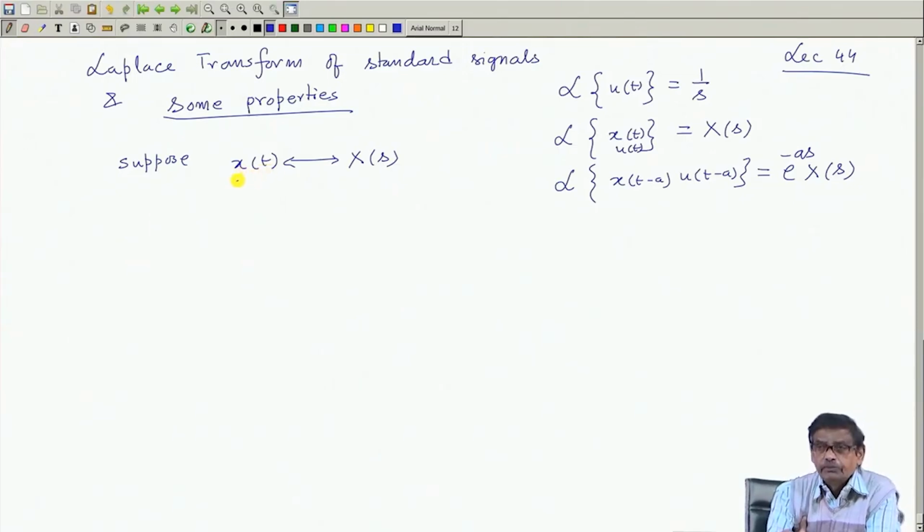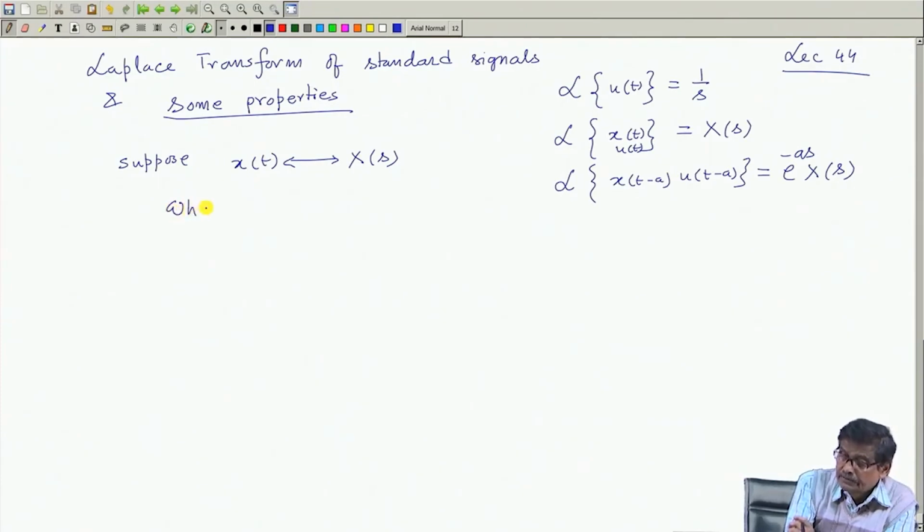X(t) in the time domain has a Laplace transform X(s). If X(s) is known, I will be able to find x(t) the inverse way. Inverse I have not talked about till now, but that will be done from the table as we proceed further.